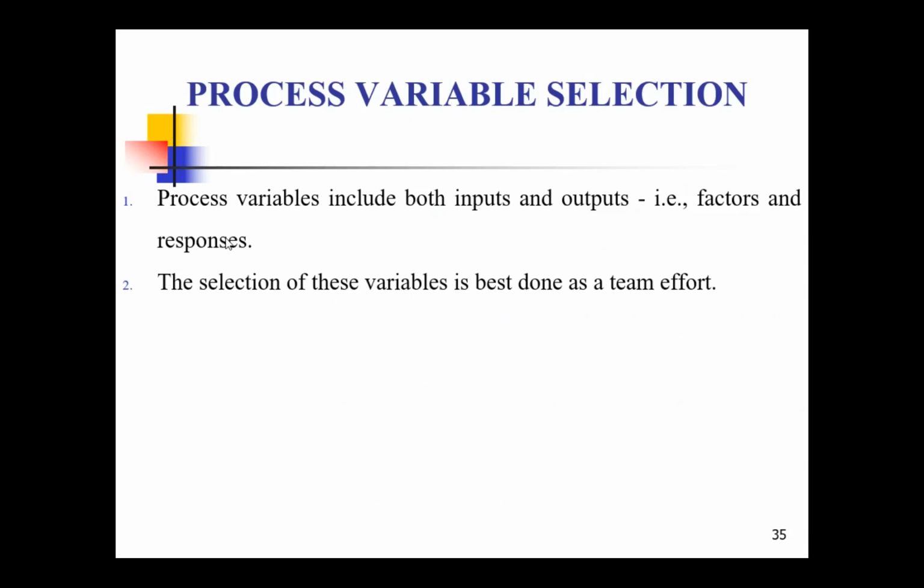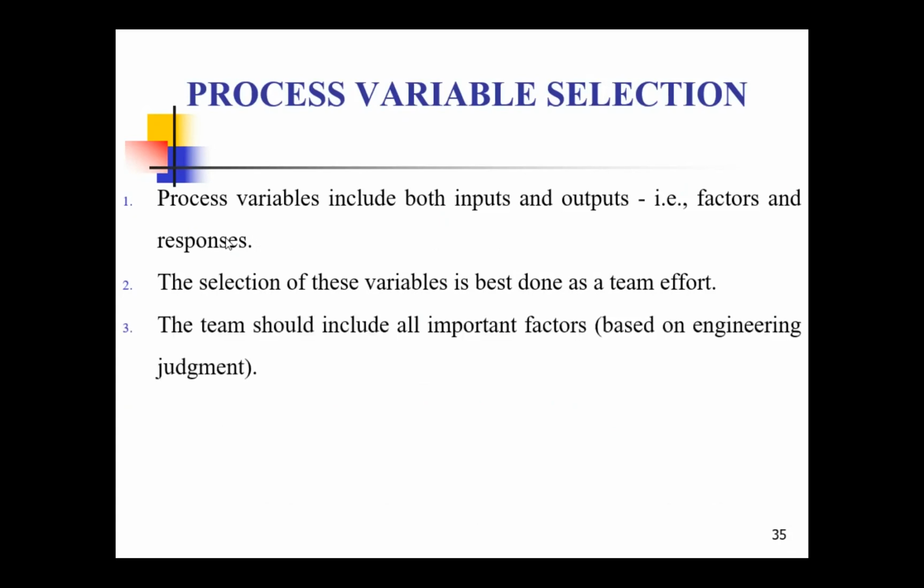The selection of these variables is better identified and selected based on a team effort, because the input that I think is a better one may not be good based on the experience of the next person. So collectively the decision has to be made, and then only we select the inputs and the outputs.